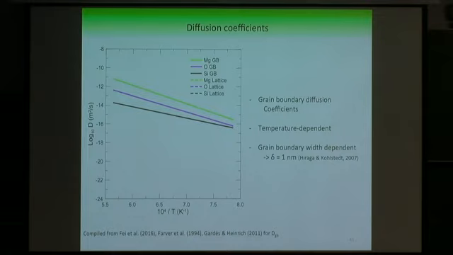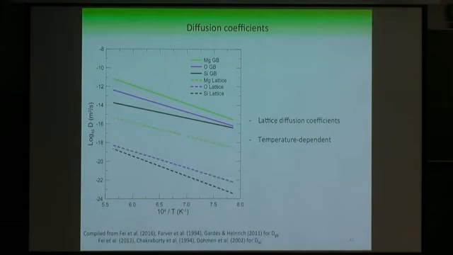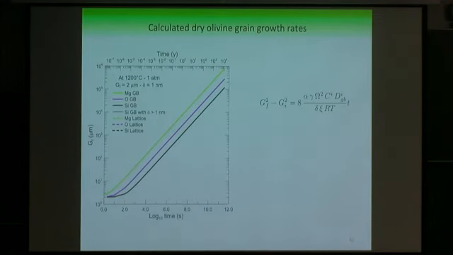And here in this plot, I've considered that the grain boundary width is equal to 1 nanometer, which is the structural grain boundary width that Uli was showing previously. And if we look at lattice diffusion coefficients, we see that they're orders of magnitude inferior to grain boundary diffusion.